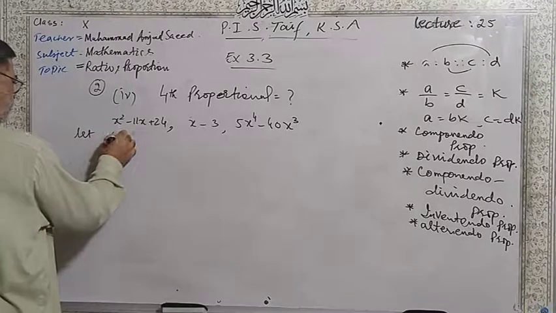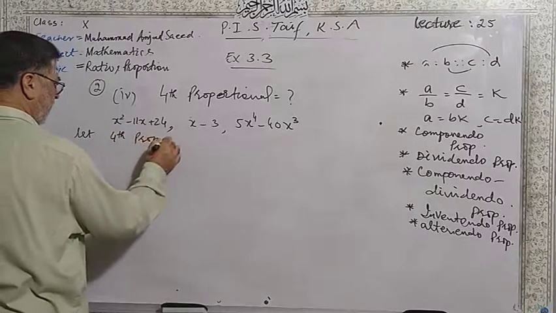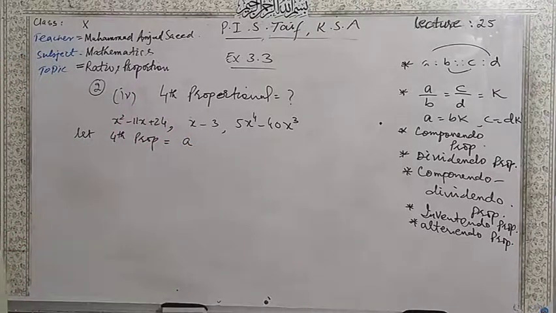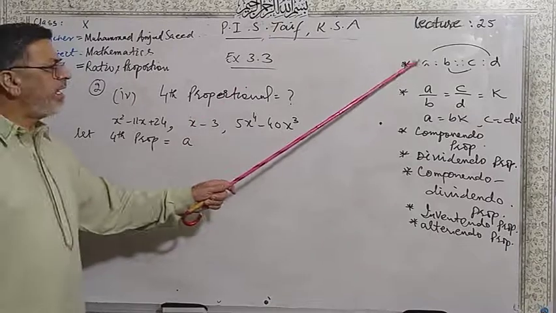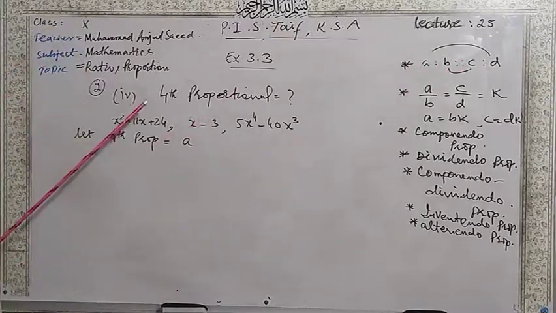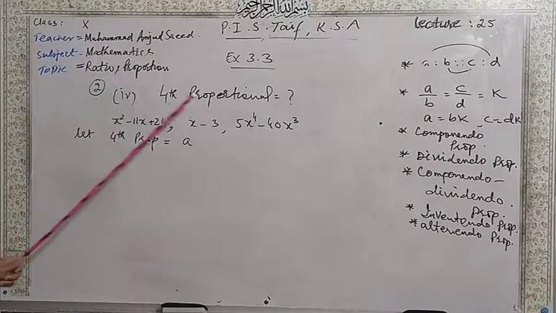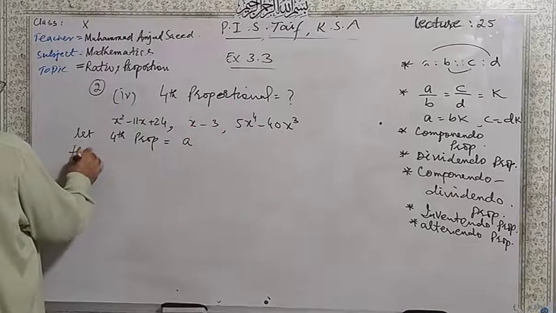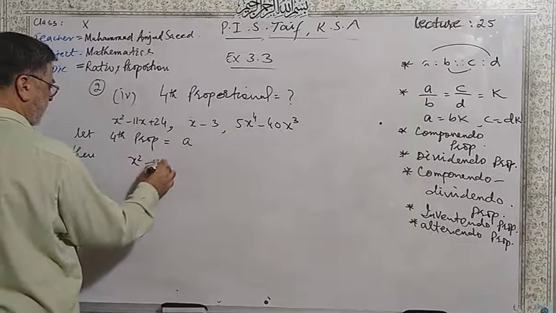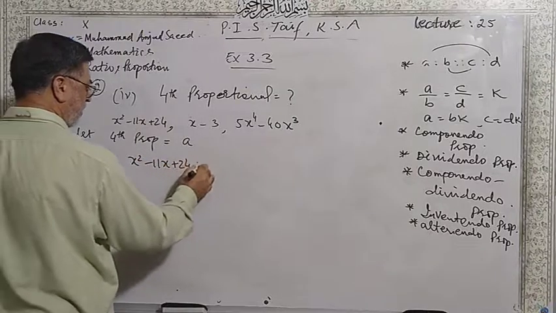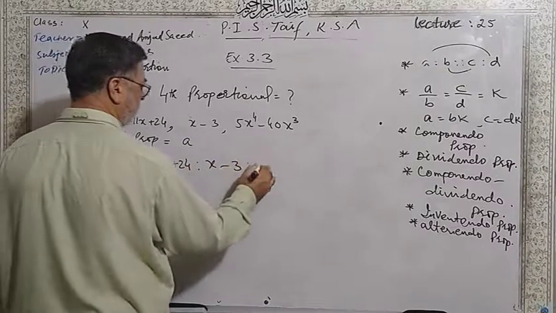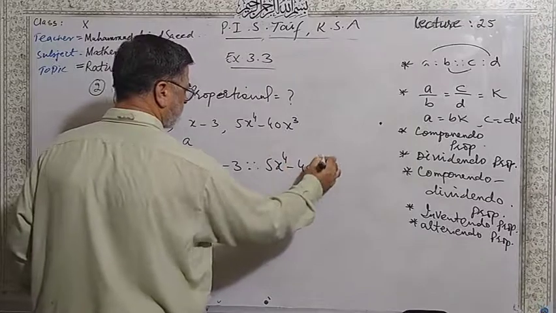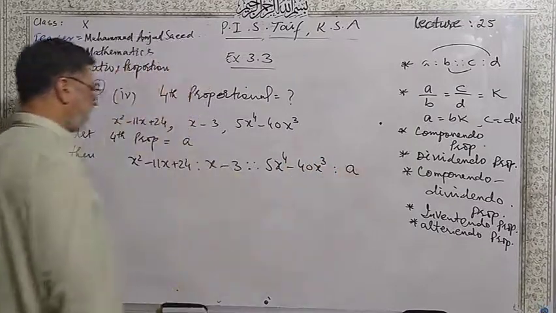Let fourth proportional be equal to a. We are given a, b and c. Here in place of a we have this value, b, and this is c. Then x square minus 11x plus 24 ratio x minus 3 proportion 5x4 minus 40x cube ratio a.